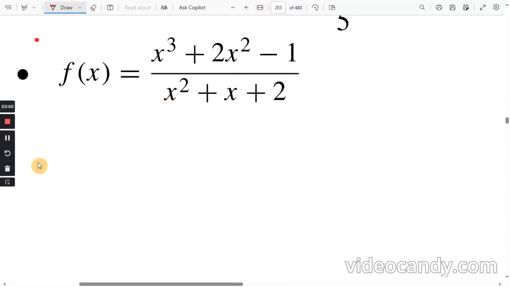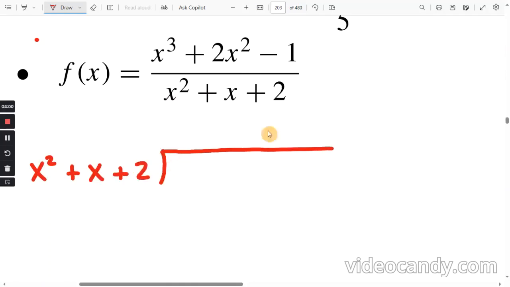So let's write this out: x squared plus x plus 2. And that is going to go into the numerator. X to the third plus 2x squared. Okay, there's no x, so I'm going to add in a 0x and minus 1.